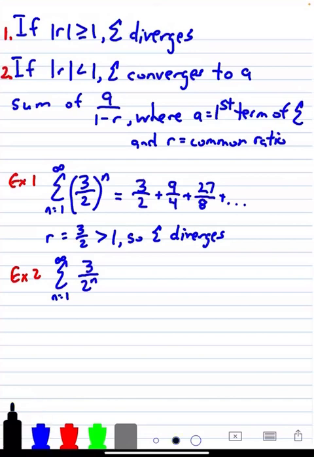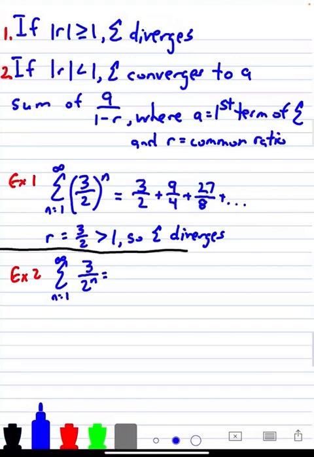Let me draw something in here to separate. Okay. Now we have 3 over 2 to the n. If we look closely, we can see in the problem above, the exponent was going with the 3 and the 2. Now, the exponent is only going with the 2. So be careful right here.